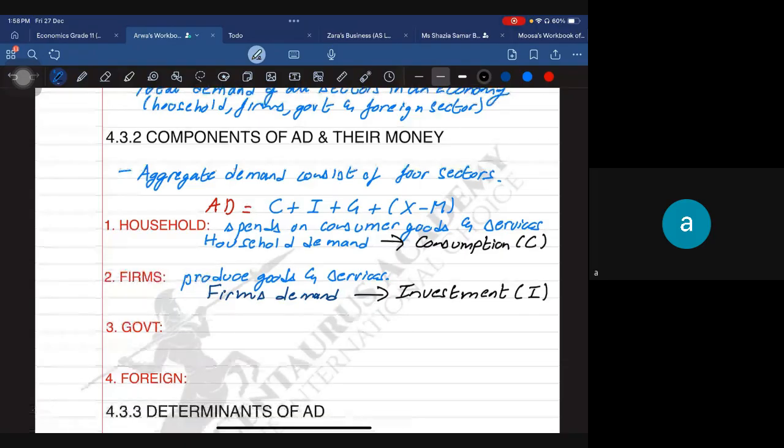Then we have the government. Government basically controls the taxes and then the subsidies. What is the task of a government? So they basically control and manage the economic activities. They regulate the activities of the businesses.